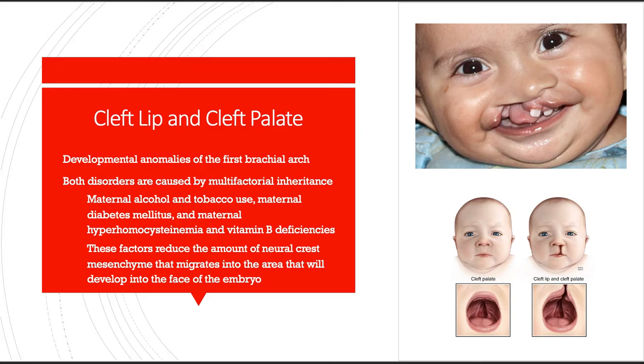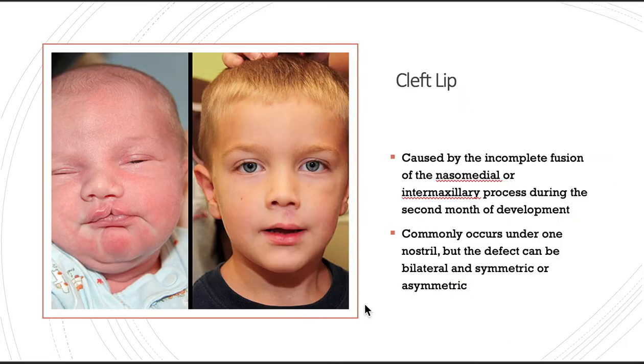You've got a lot of different things that can contribute to this, including alcohol and tobacco use by mom, presence of diabetes in mom, certain vitamin deficiencies like vitamin D, vitamin B. And what happens is that not enough of the mesenchyme layer goes into a certain spot to help develop the face. Okay. And so we have cleft lip, which is where it just affects the lip here.